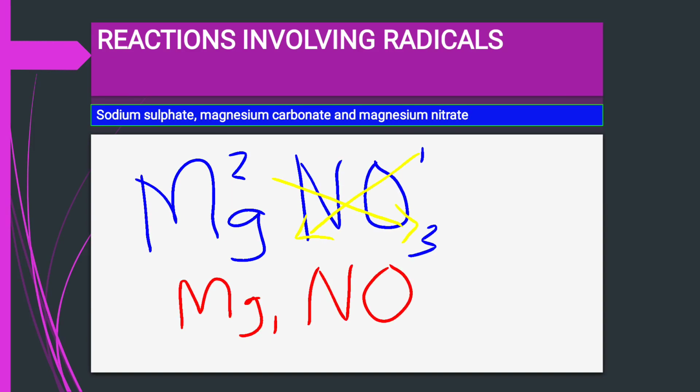And then now nitrate has a 3 here, and we want now to bring this 2 down here. If we just write it here, it will confuse us because it will be like 32. So to solve that dilemma, we put a bracket, and then we will have our 2 down here like this.